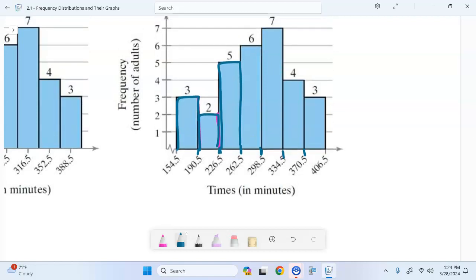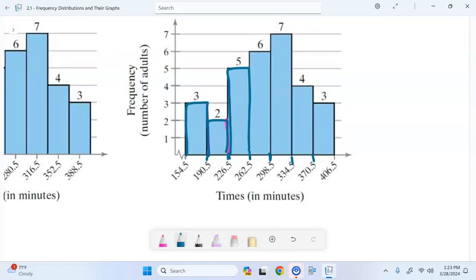The same trends are evident. We see that the second class is the lowest frequency, and the fifth class is the highest frequency. We see that most of our data is clustered there in the middle. So the same trends that we picked out earlier, we see visually on the graph.